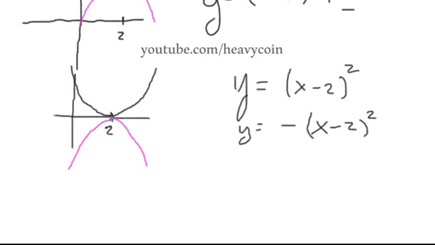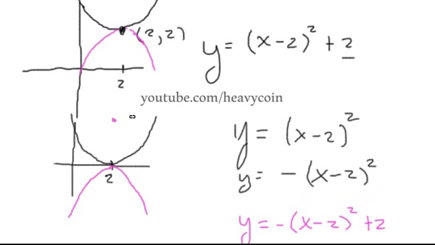Now we want to take this graph and move it up 2 units. So that means that we have to add 2 to it. So then we have y is equal to negative x minus 2 squared plus 2. So we end up moving the graph up 2 units, which gives us this graph here.